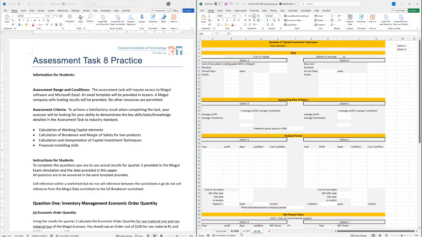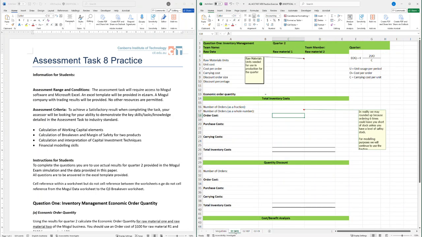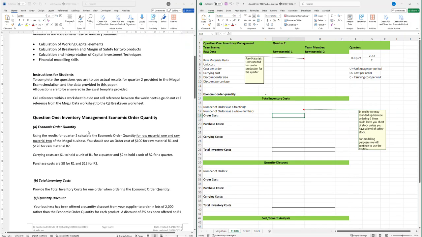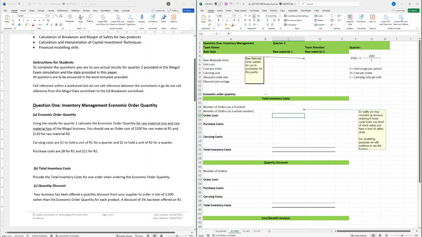So without further ado, let's start with question 1, EOQ. Okay, so now let's have a look at our question 1. The key thing when we go through all the questions is effective reading, where we look at all the information that's given in the question and figure out the right place to plug it back in our spreadsheet.